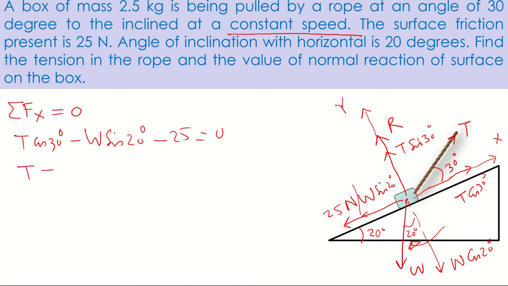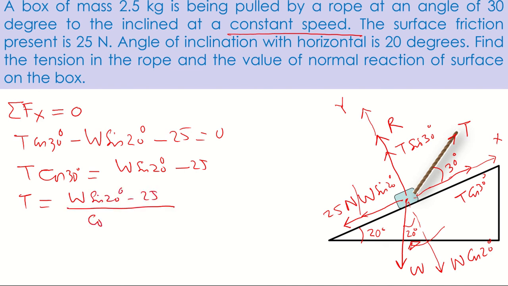So T cosine 30 is equal to W sine 20 minus 25. So T is equal to W sine 20 minus 25 over cos 30 degree. So you can find T from here, and if you put the values, you get 38.55. You can double check this value.